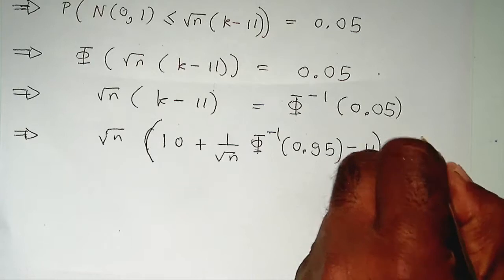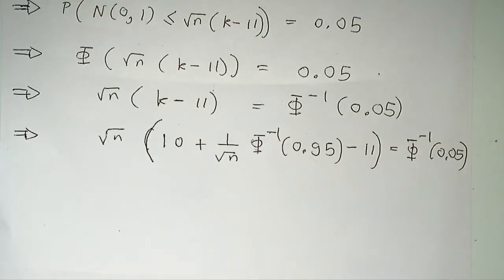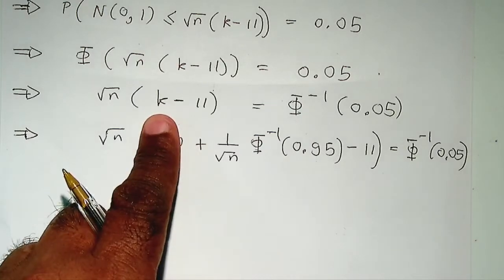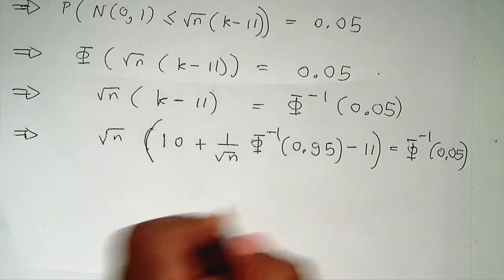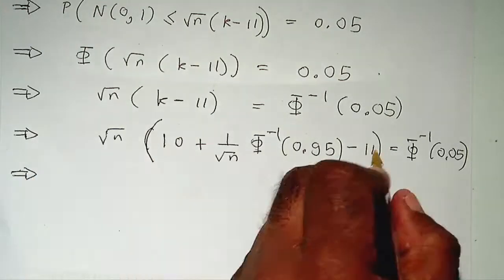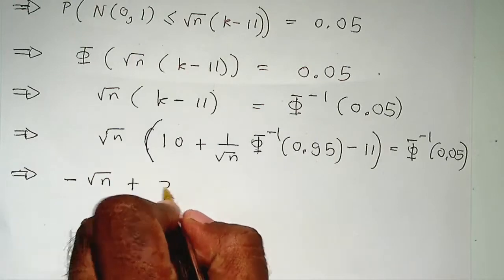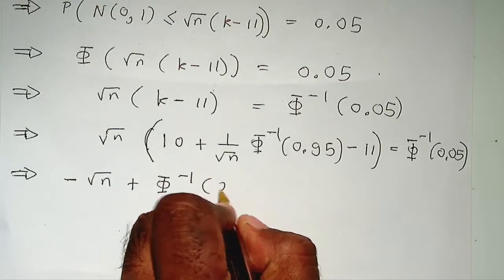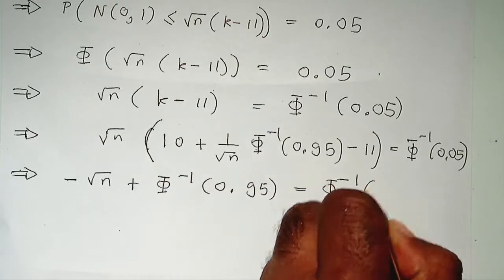Do you see what I'm doing, guys? Because we know the value for k must be this, I'm just subbing in this formula in place of k, with mu0 equal to 10. So this becomes 10 minus 11, which is minus 1, so it's minus root of n plus phi inverse 0.95, equal to phi inverse at 0.05.